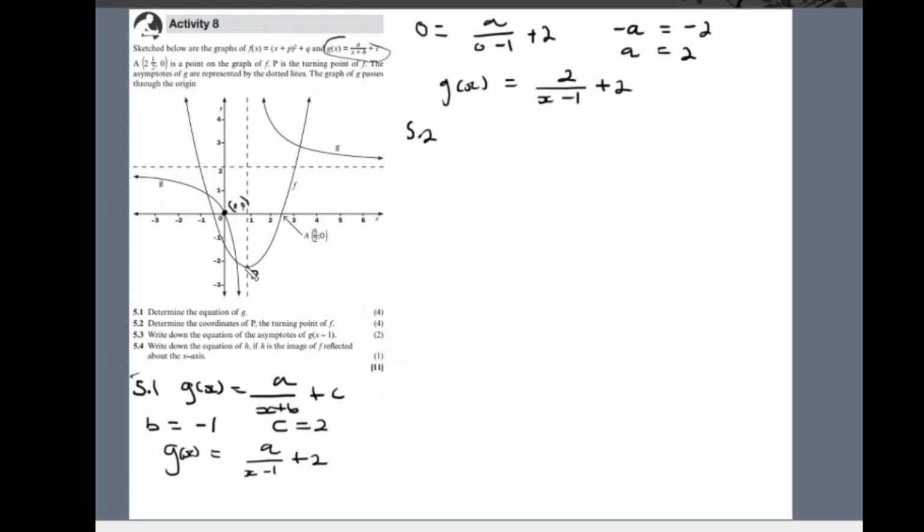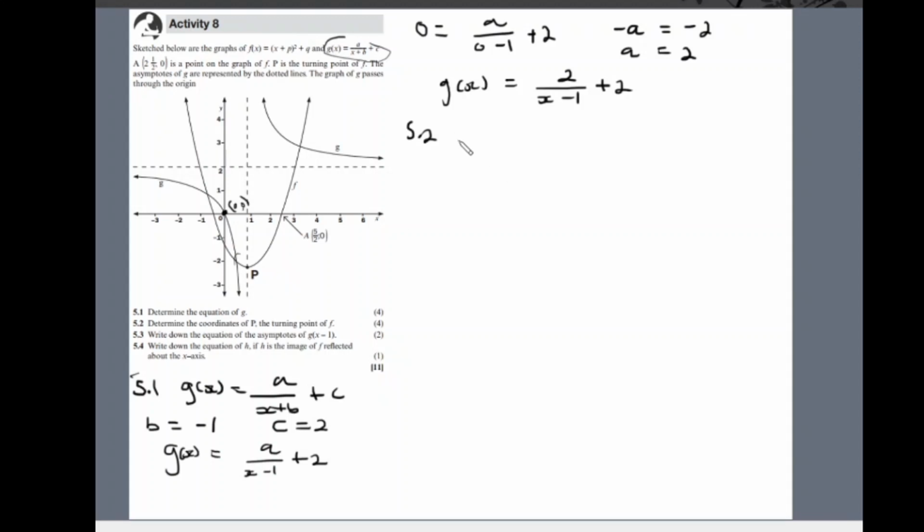Now that we have the equation of the vertical asymptote as x equals 1, it means the x coordinate of P will be 1. Then what we need to do next is to find the y coordinate of P.